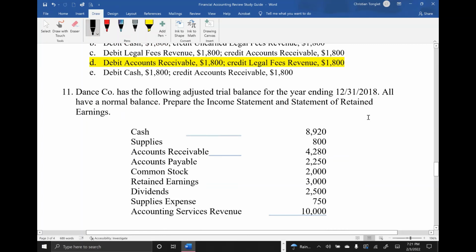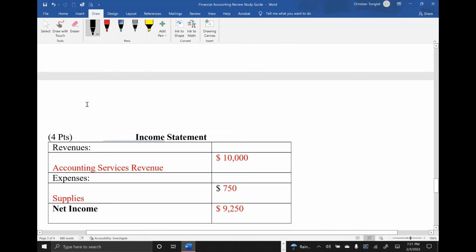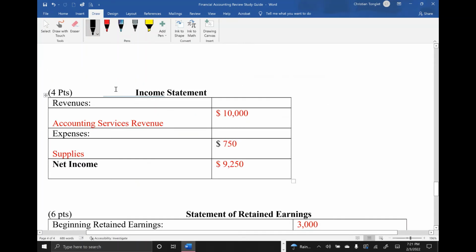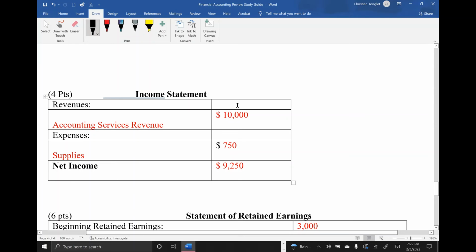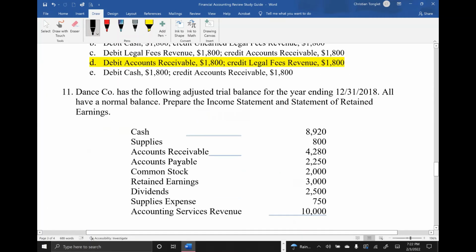Okay, so we have an adjusted trial balance. They all have normal balances. So I'm just listing out, here's some accounts, here's some amounts. I'm not telling you if they're debits or credits. I did make them do this, but it was very, very simple. An income statement where we had revenue and expenses. So for revenue, we would just go through this list.